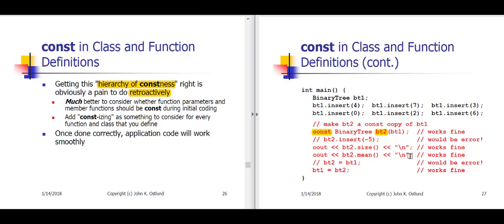It's initialized using the copy constructor from BT1. If we did attempt to insert a value into BT2, that would be an error from the compiler because insert is not specified as a const member function. On the other hand, size and mean are specified as const member functions, so calling size and mean on BT2 works fine.